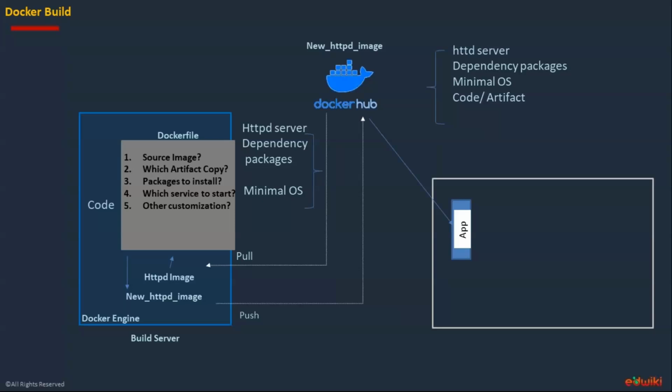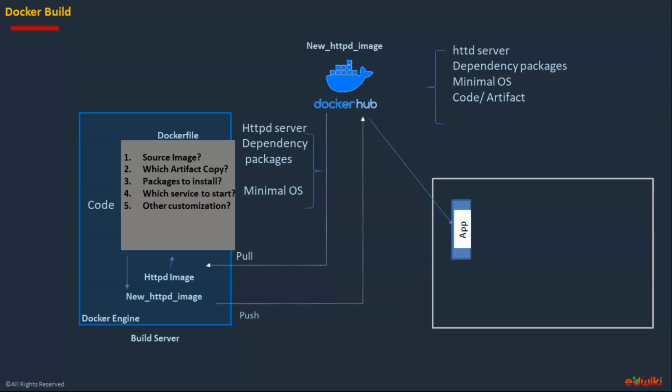What I'm doing here, the manual method that I followed, like creating a container in the build server, doing the customization in the container, creating a new image, that whole effort I'm transforming into an automation model by adding a Dockerfile here.